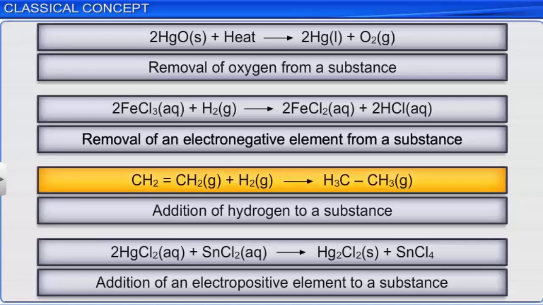In the fourth equation, the reaction of mercuric chloride with stannous chloride produces mercurous chloride and stannic chloride. In this reaction, mercury, an electropositive element, is added to mercuric chloride.